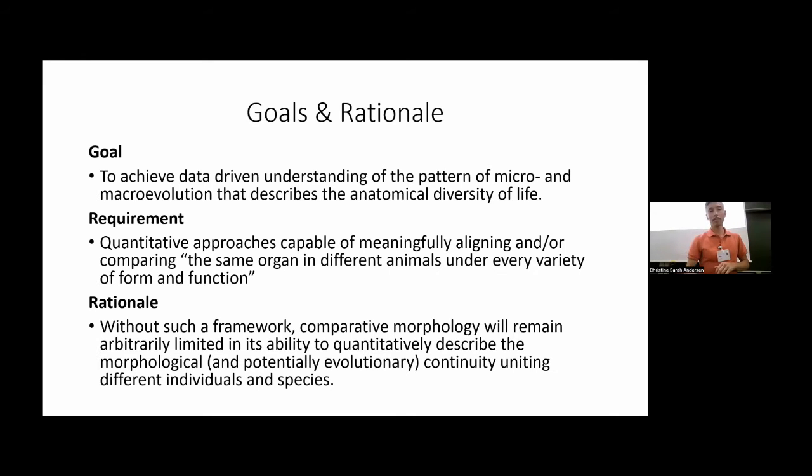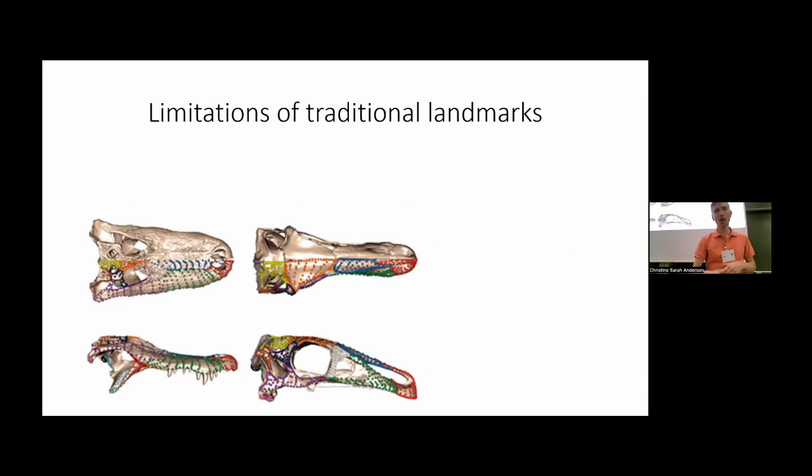The rationale is that without such a framework, comparative morphology will remain arbitrarily limited in its ability to quantitatively describe morphological and potentially evolutionary continuity uniting different individuals and species, according to disparity, such as some animals not having certain parts.